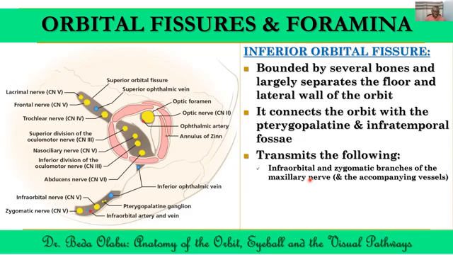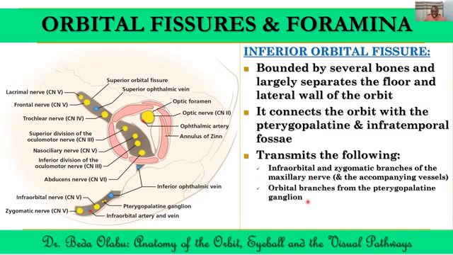It goes through what we call foramen rotundum, then divides into a number of branches. And so these infraorbital and zygomatic branches are the branches which will pass through the inferior orbital fissure. They are accompanied with some blood vessels. The blood vessels which accompany them are also running within this fissure.